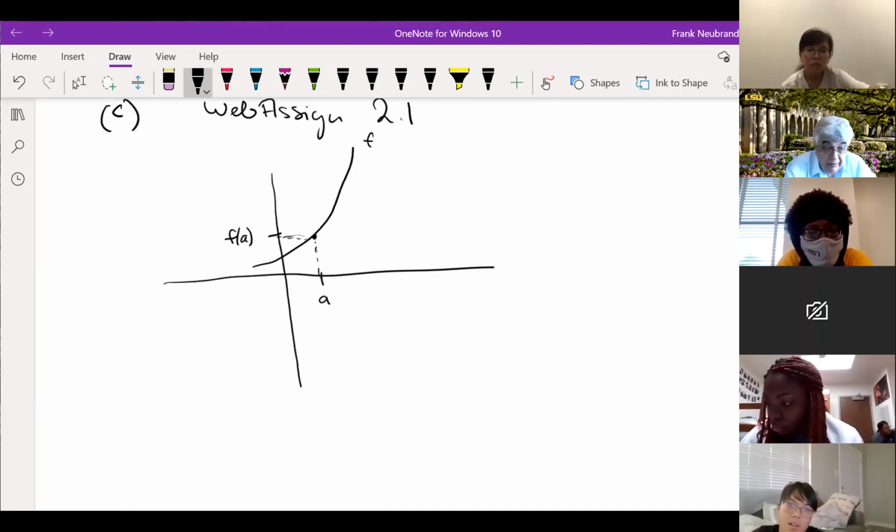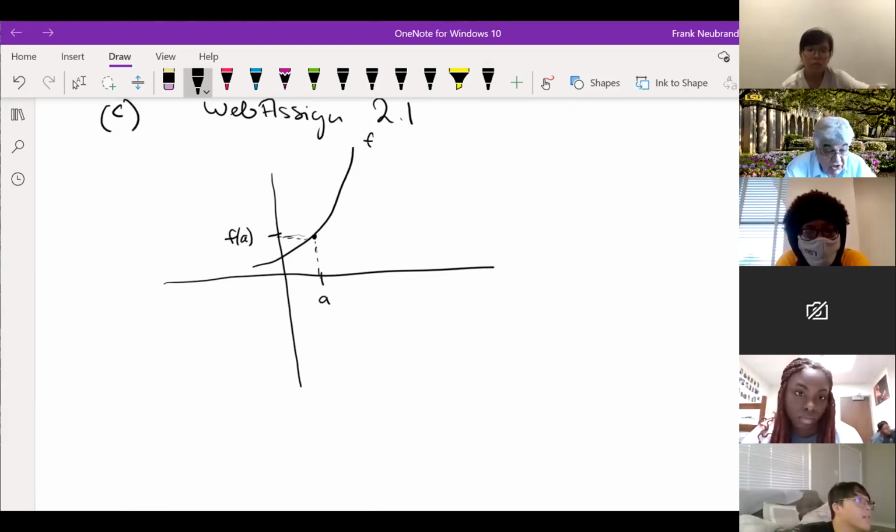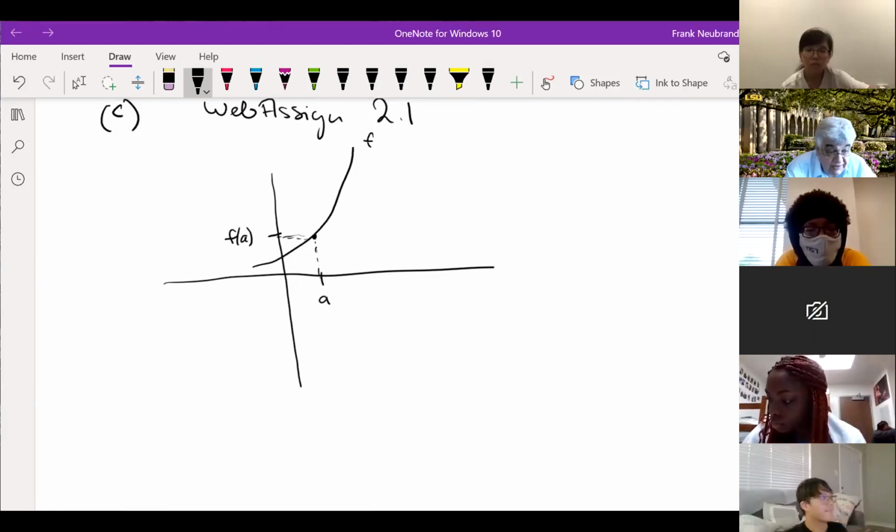Then you will look how steep the curve is. The steeper the curve, the more change the function will have. The change in the output is related to how steep the curve is.